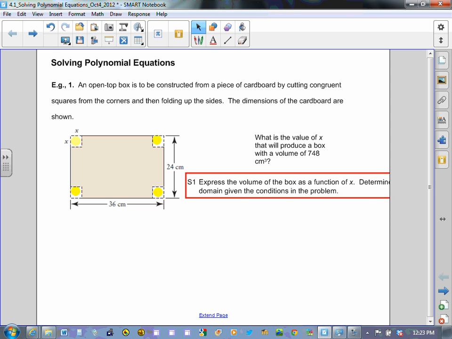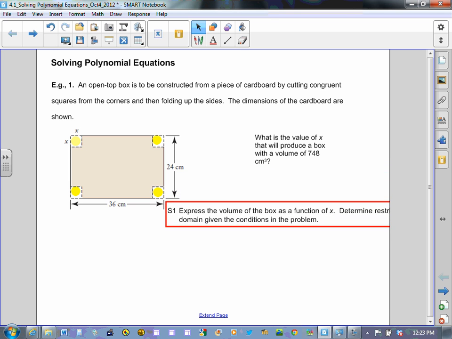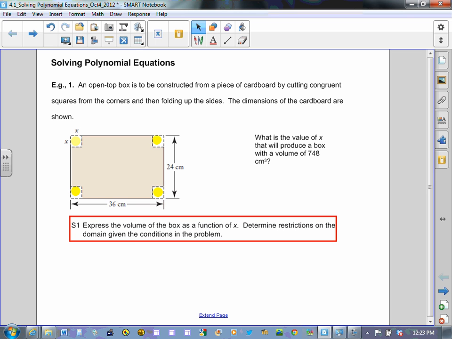So our first task is to express the volume of the box as a function. So we need an equation that gives us the volume of the box. Secondly, we're going to figure out what kind of restrictions we should put on the domain based on the conditions in the problem. Okay, so let's build that function.